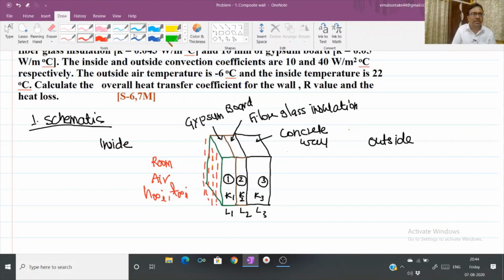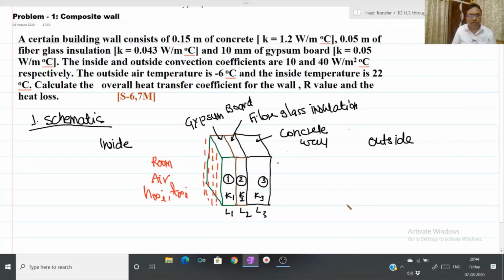And finally, the outside fluid is air. It is also represented by a thin fluid film. And let's say it is having convective heat transfer coefficient h infinity o, and its temperature is T infinity o.